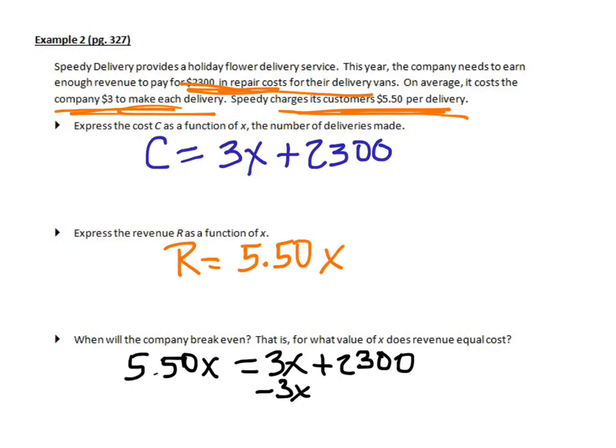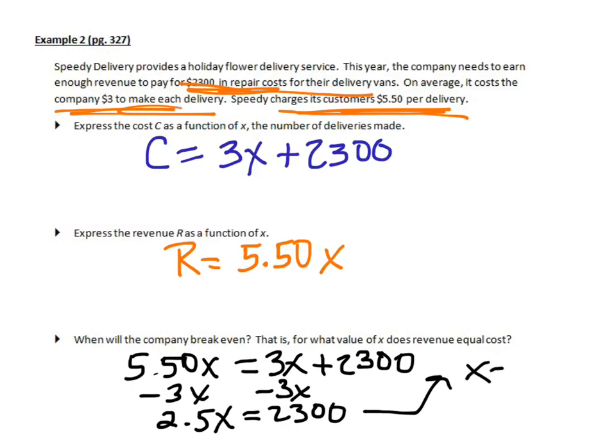Alright, so subtract 3x, and we get 2.5x equals 2,300, and then dividing both sides of the equation by 2.5, we have that x equals 920.